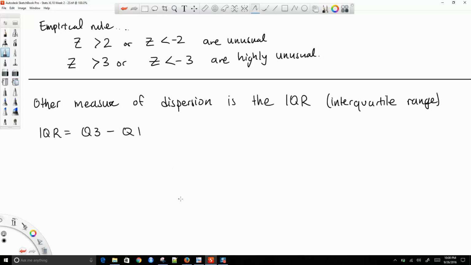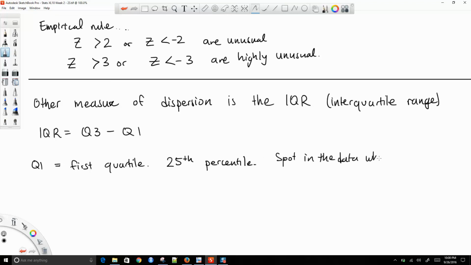So what is Q3 and Q1? Q1 is known as the first quartile. Or we can think of this as the 25th percentile. This is the spot in the data where 25%, or 1/4, of the data is smaller.